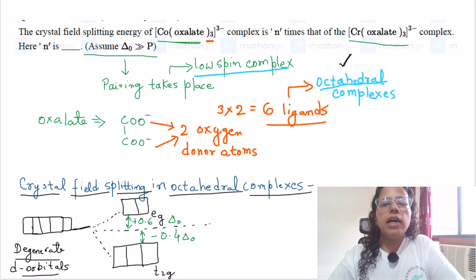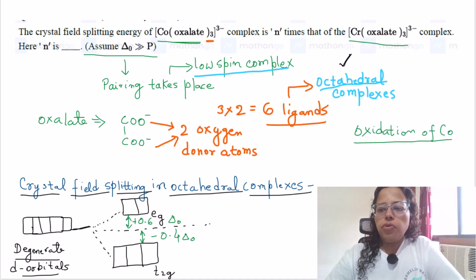Now we have to find out the oxidation state of cobalt and chromium in both of these complexes. Suppose the oxidation state of cobalt is X. What is the charge on oxalate? That is minus 2, because we have two oxygens which are negatively charged. So the charge on oxalate is minus 2, and how many oxalates are there?